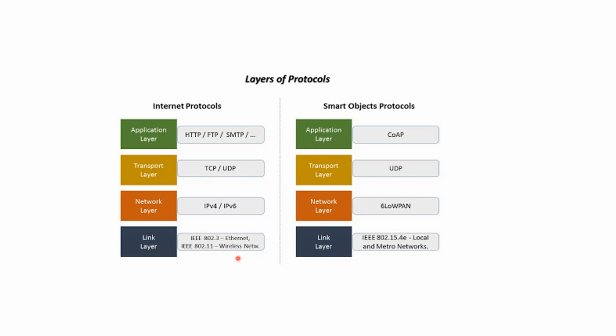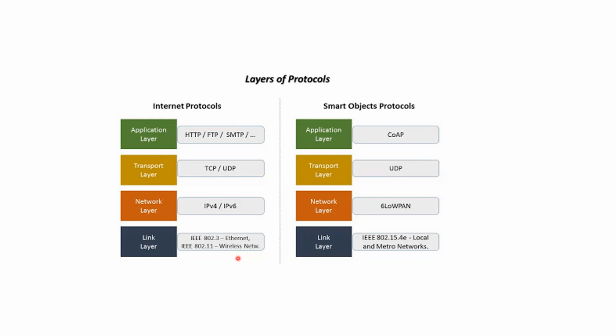The improvements of WiMAX over Wi-Fi are its high speed, larger distance coverage, and greater number of users. So if you want a greater range of wireless communication, if you have more nodes to be connected together, and if you want more data rate, then you can use the WiMAX protocol for communication in Internet of Things.